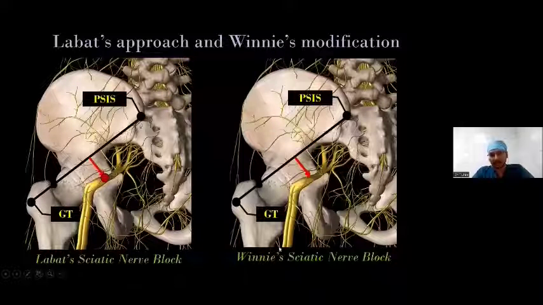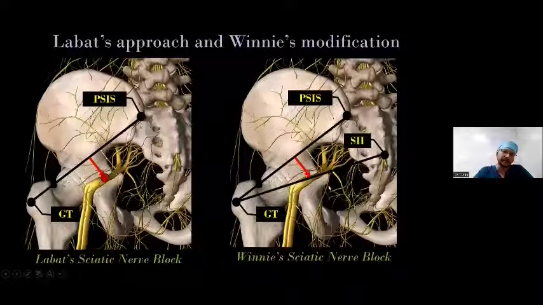And similarly, in Winnie's modification, he took another landmark, that is the sacral hiatus, and he joined the sacral hiatus with the greater trochanter. So this perpendicular usually intersects with the line between the greater trochanter and the sacral hiatus, and that intersecting point is the point of needle insertion for Winnie's approach. This is the basic difference between Winnie's and Labat's.